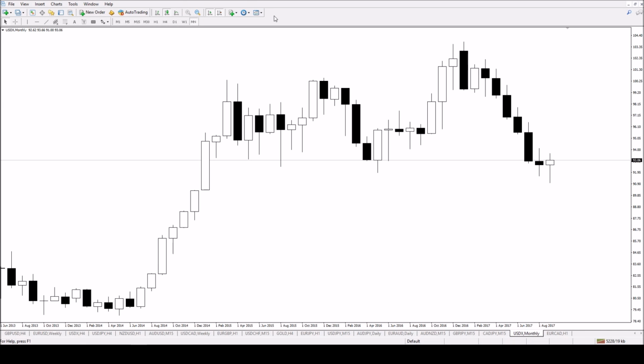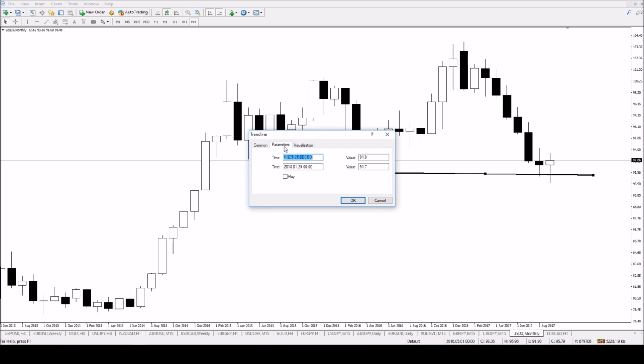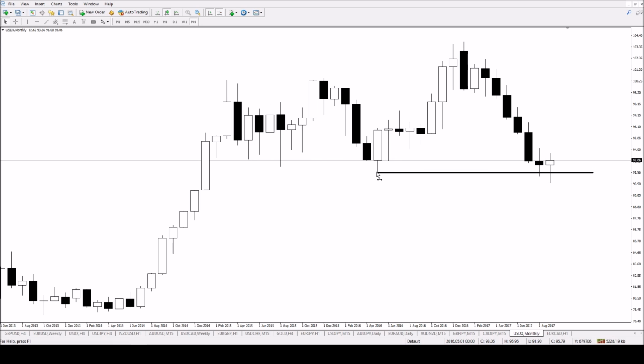So just from a monthly candlestick point of view, I was on about this for God knows how long. 91.90, right? But look carefully. How many times have you seen me do this candlestick pattern where I'll mark out the high and low of a previous candle?